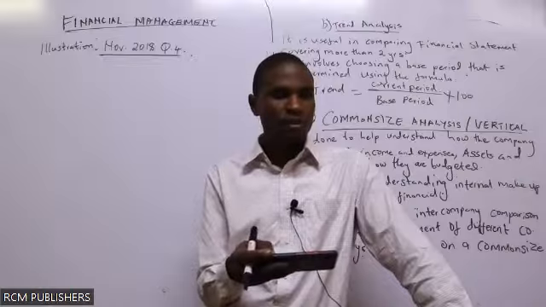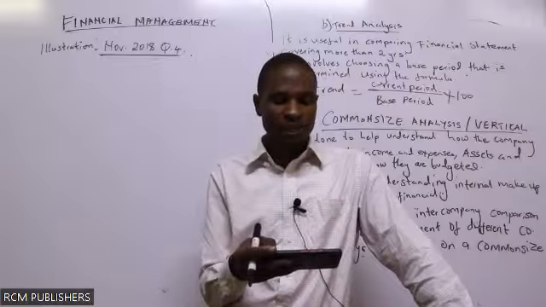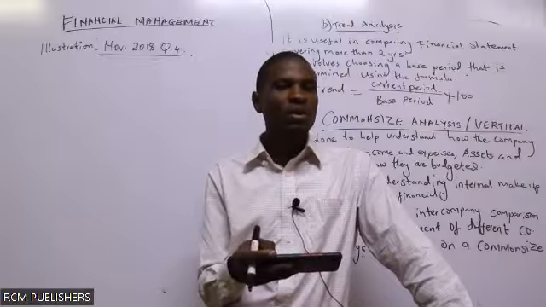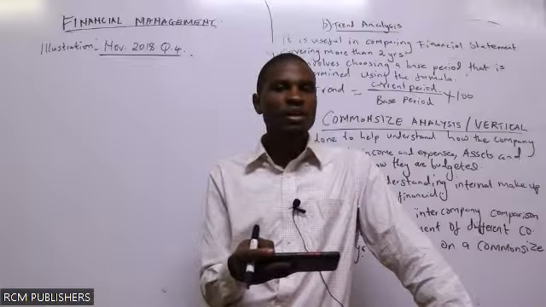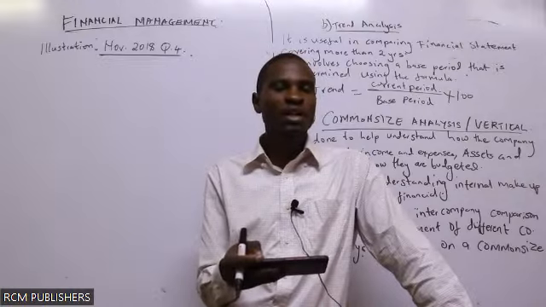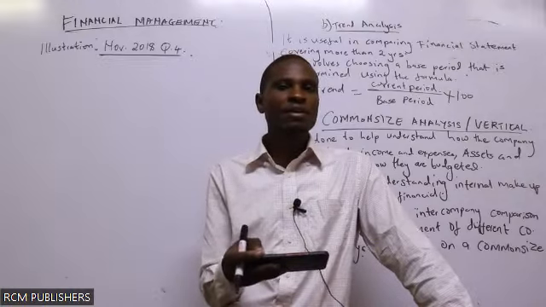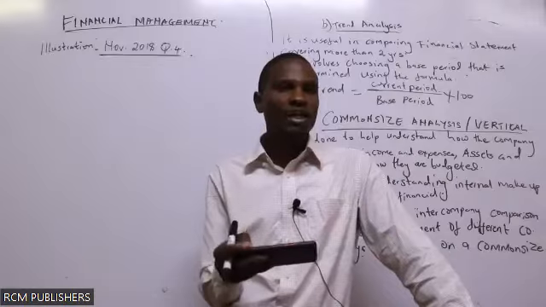For instance, for ABC company, revenue is 4,000, and for XYZ Limited, the revenue is 6,000. For any item from revenue going downward, we shall be dividing by 4,000 for ABC Limited and 6,000 for XYZ Limited.